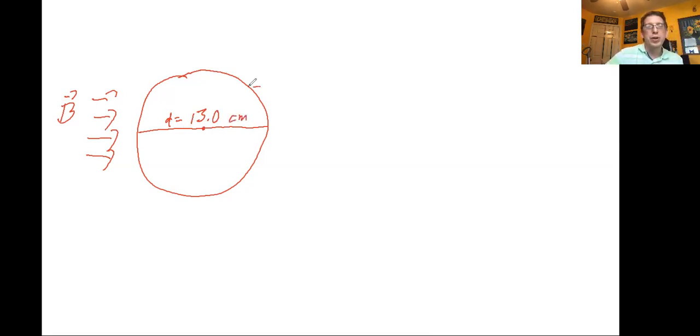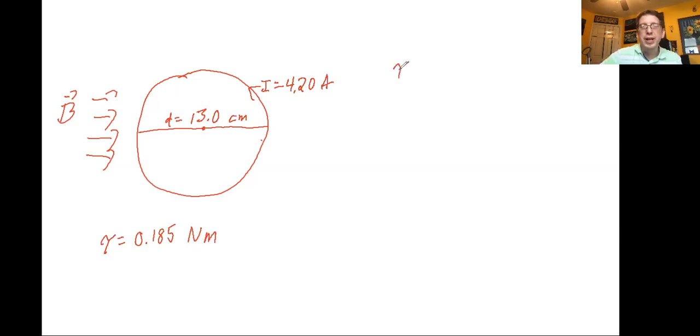And you have a current going through the loop of 4.20 amps. And you're given that the magnitude of the torque that's generated by the magnetic force is 0.185 Newton meters. You can write it as meter newtons. They're equivalent to each other.